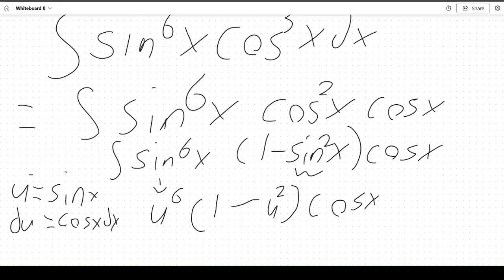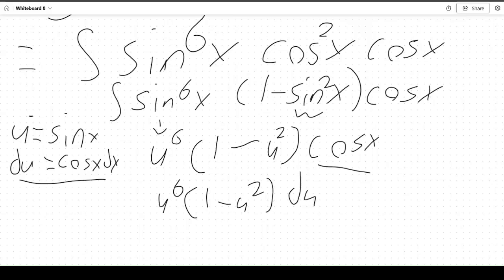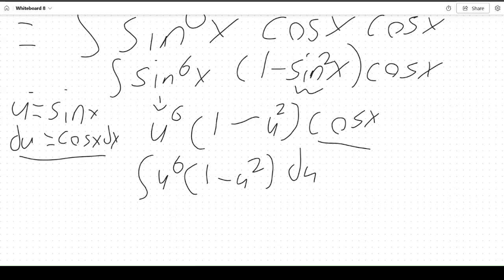And we can automatically put du into this. So this will be much simpler. So u to the power 6 times 1 minus u squared du. And we can just forget about the du at this point.